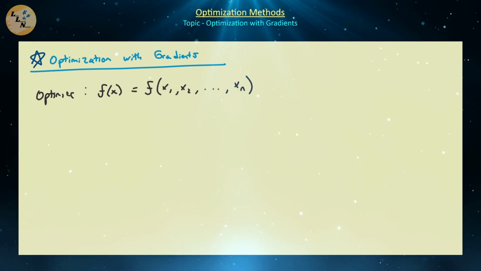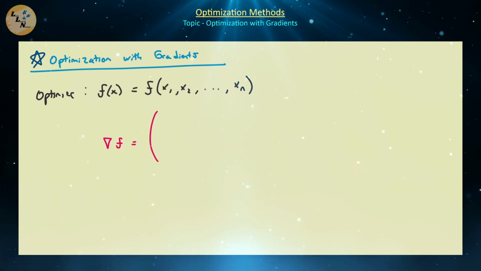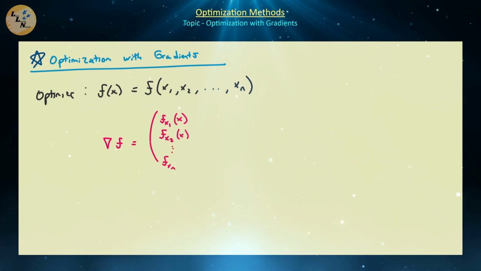So we should already know that if we take the gradient of this particular function, the gradient of f would be equal to a vector that contains the first partial derivative of f with respect to x1, the first partial derivative with respect to x2, all the way down to the first partial derivative with respect to xn.